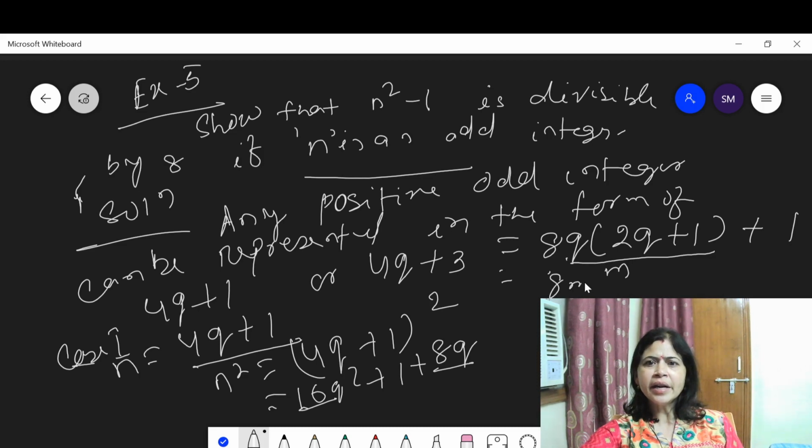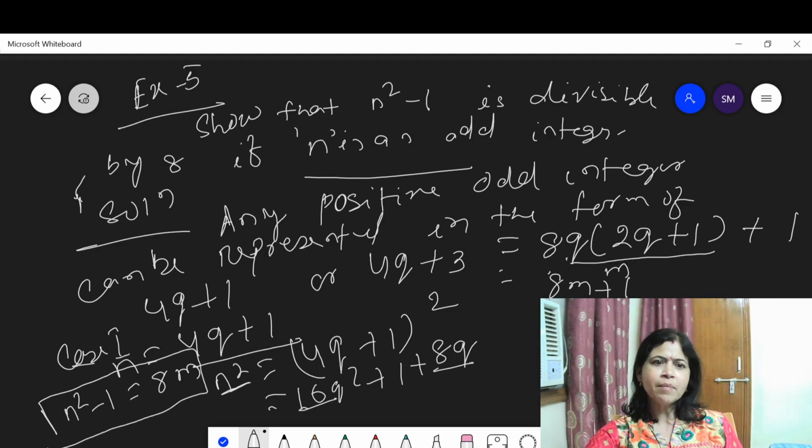Then it is 8m plus 1. This shows that n square can be represented in the form of 8m plus 1. Then n square minus 1 is equal to 8m. This shows that n square minus 1 is divisible by 8, a multiple of 8. We have to prove that n square minus 1 is always divisible by 8. Got it?